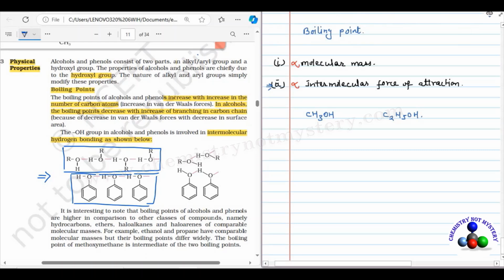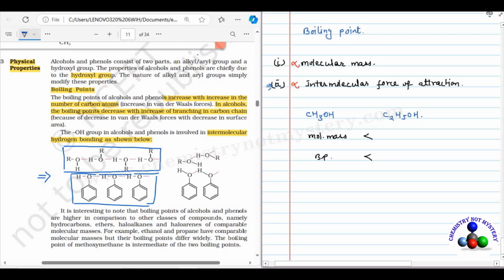If I ask you to compare the boiling point of methanol and ethanol, the molecular mass of methanol, obviously, is less than the molecular mass of ethanol. That's why the boiling point of methanol will be less than that of ethanol.